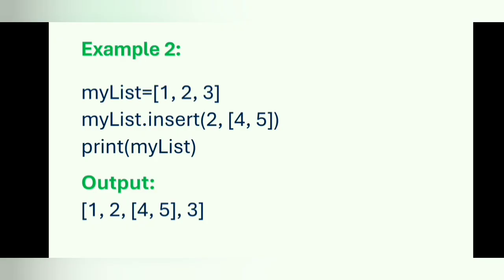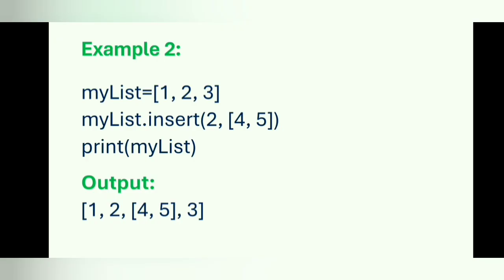When inserting one list into another, the entire list is added as a single element, creating a nested list. The insert method inserts the list 4, 5 as a single element, creating a nested list. All the elements after the list 4, 5 are shifted to the right.